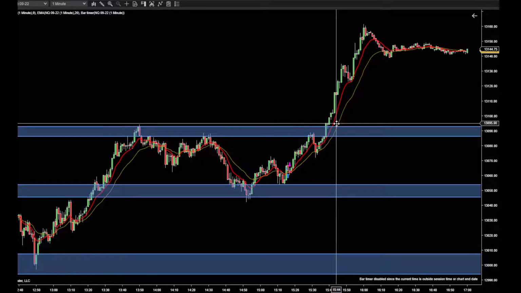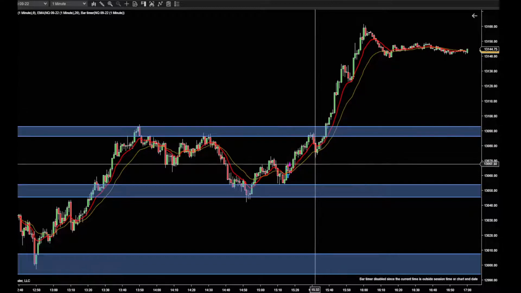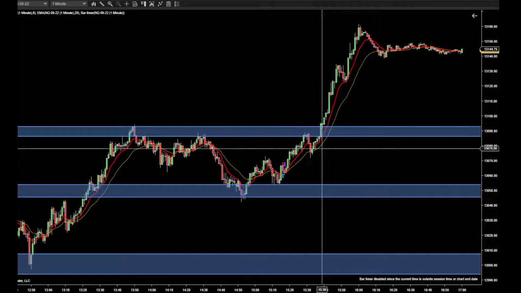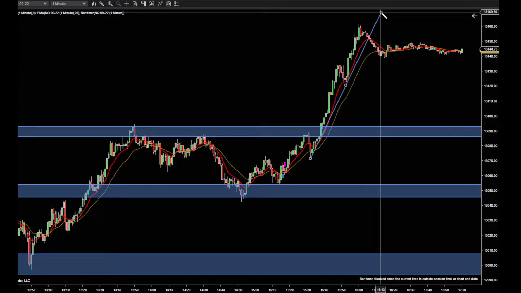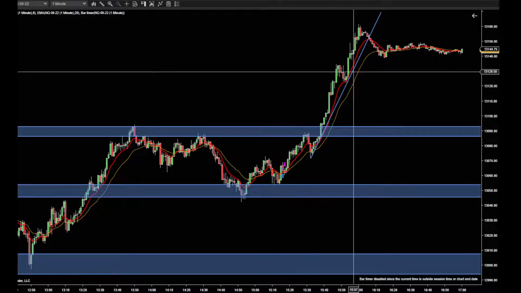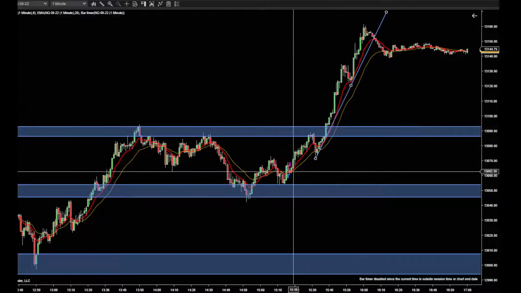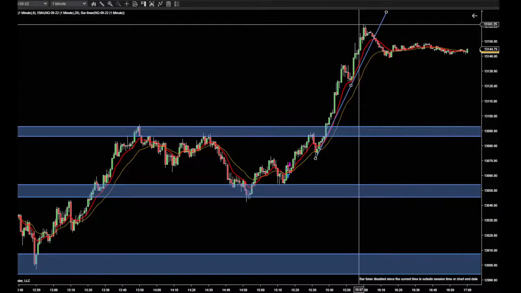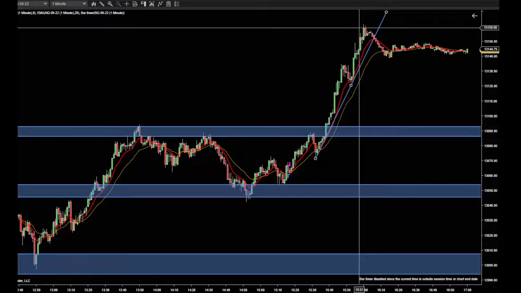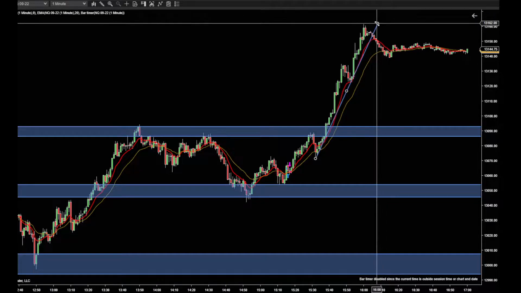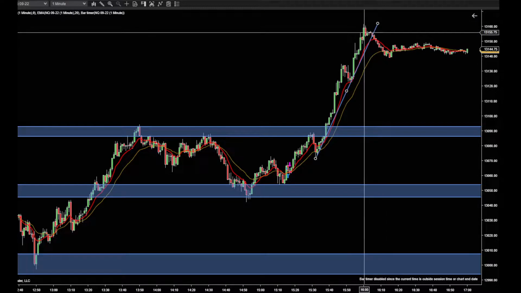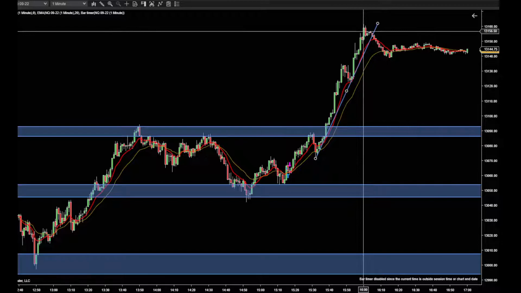It indicates a continuation formation here with this uptrend right here. Big uptrend goes right here, and basically went all the way to 13,161, all the way up. 4 o'clock ends up right here.